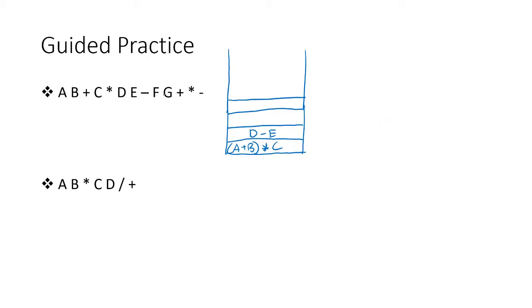Alright, now I have an F, a G, a plus. I'm going to pop off the plus, pop off the G, pop off the F, and push it back on. Okay, now I have a multiply. So I'm going to pop that off, pop off the F plus G, and pop off the D minus E. And then push that back on.